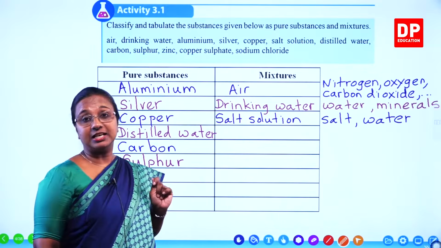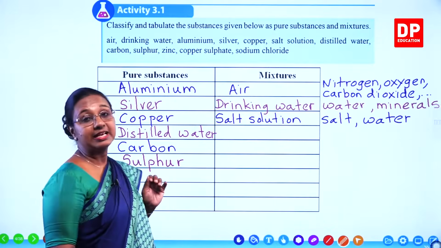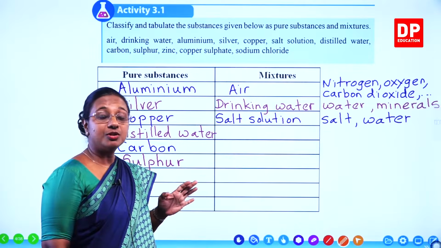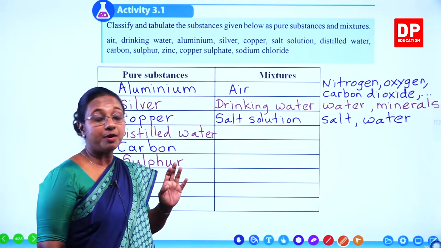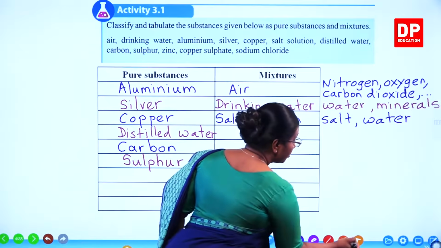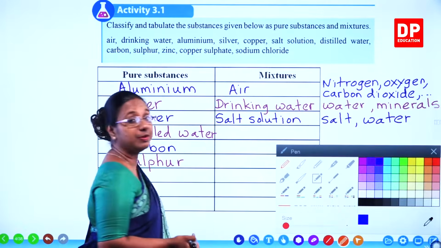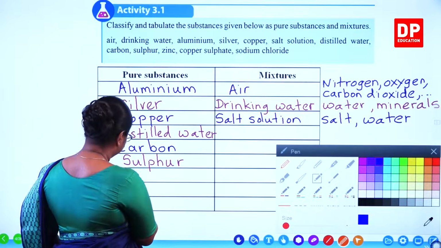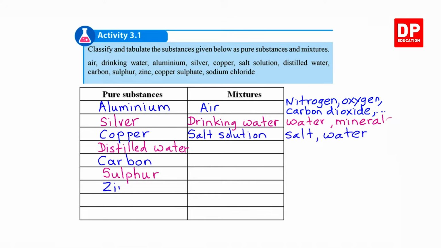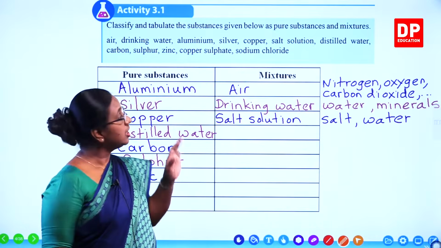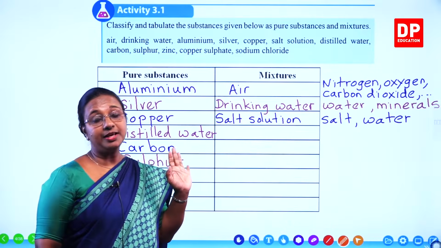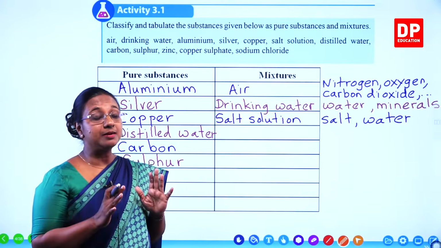Then we have zinc. Zinc is again a metal. So that is also made up of one type of constituent particles. So that again is a pure substance, zinc. After that, we have copper sulfate. Now, copper sulfate, you might think, okay, there are two names combined.